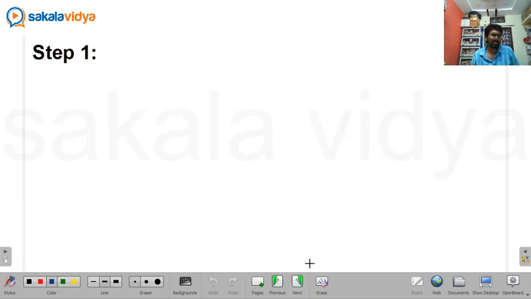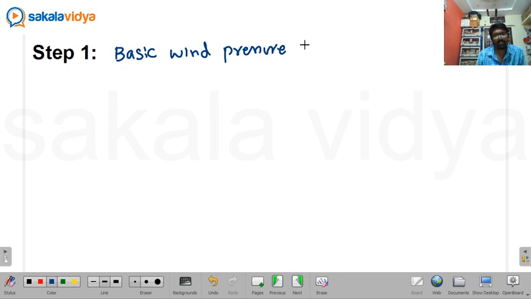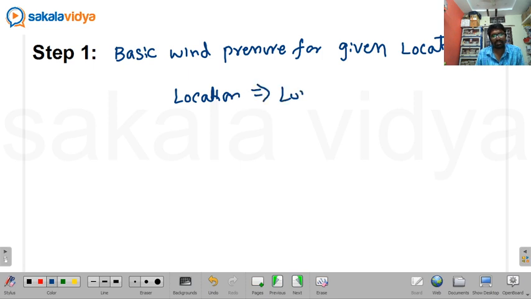So what is the first and foremost step? You have to calculate the basic wind speed for the given location. The location is Lucknow. So what we have to calculate? Vb, the basic wind speed. For that we have to refer to this table.